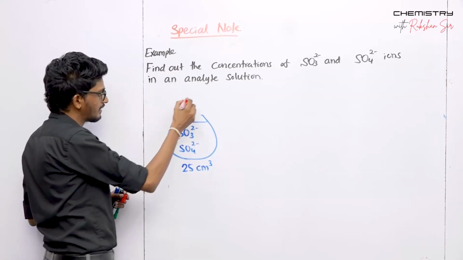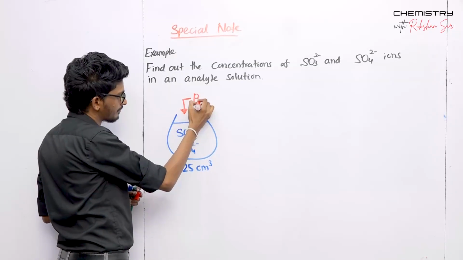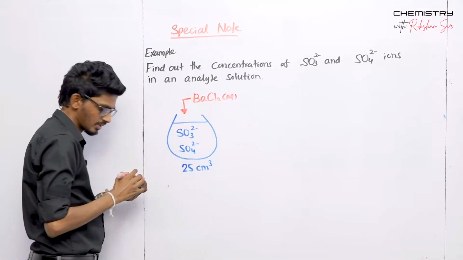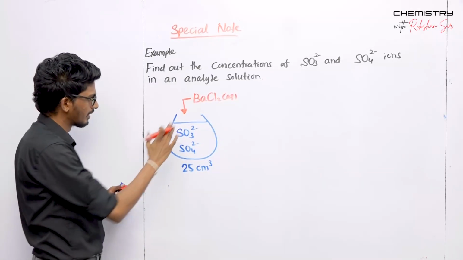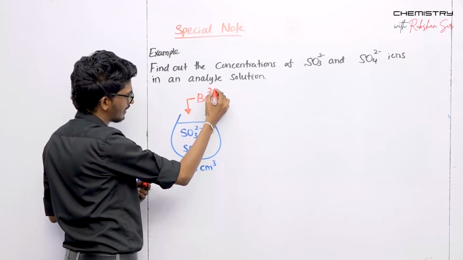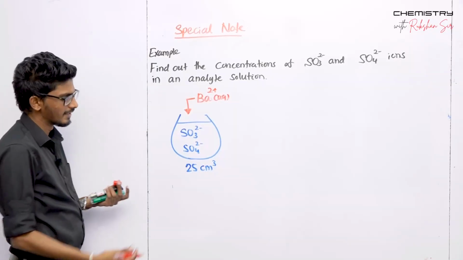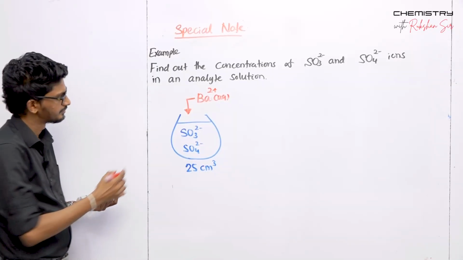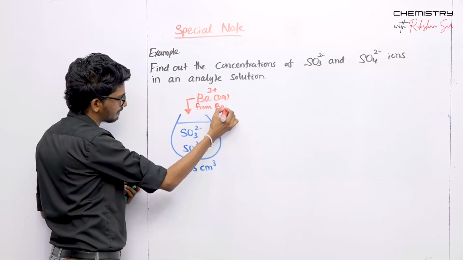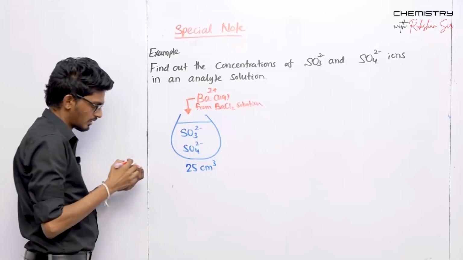So first you can add some kind of barium chloride solution, some barium 2 plus ions, right? Yeah, as barium chloride, no worries, right? So you can add this thing as barium chloride solution, right? Then what will happen?